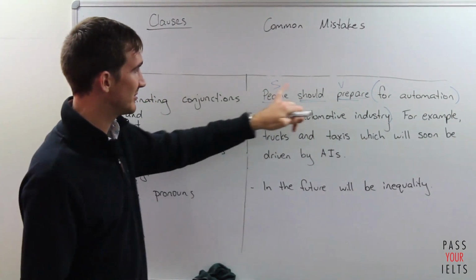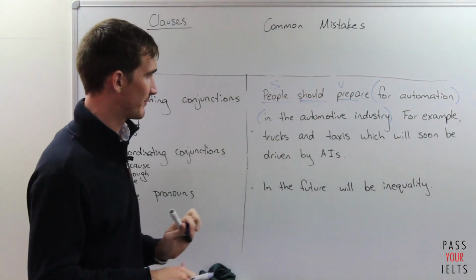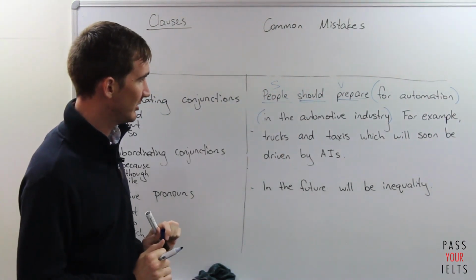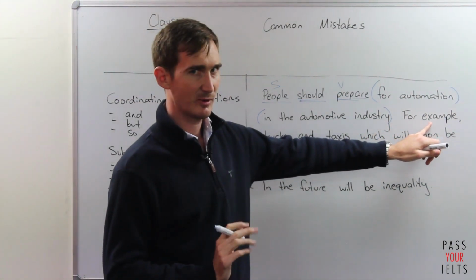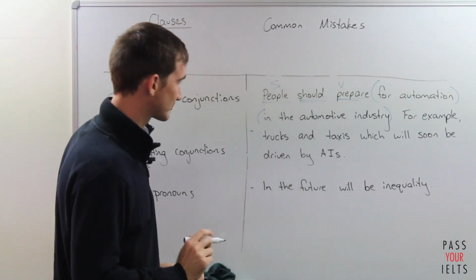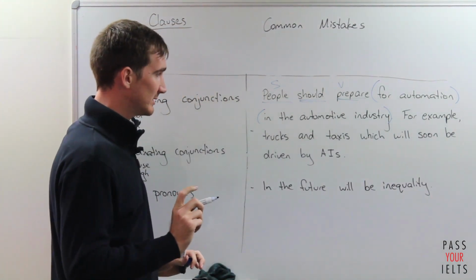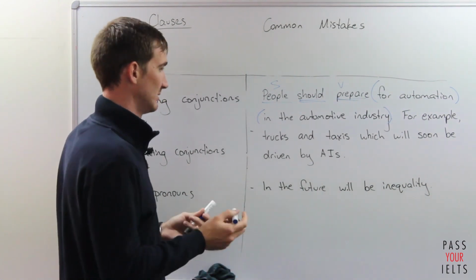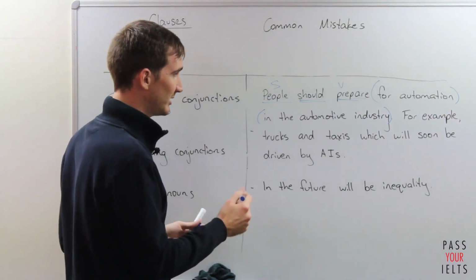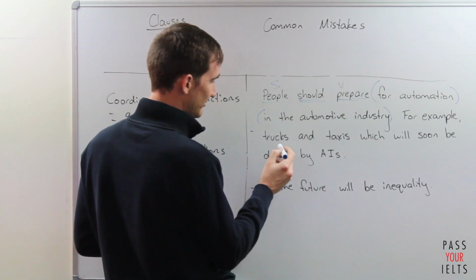So I've got my subject verb, all good. Now I've got a new sentence, for example. This is not a connecting word in this case. Trucks and taxis. So, first nouns of my new sentence. They are the subject, correct?